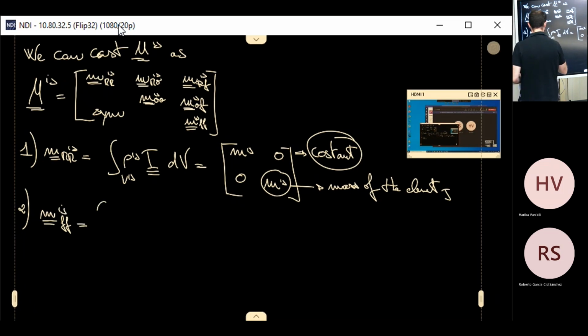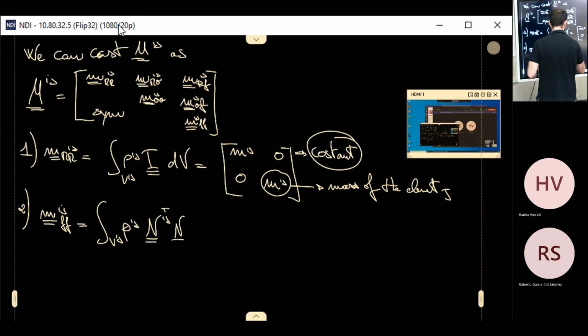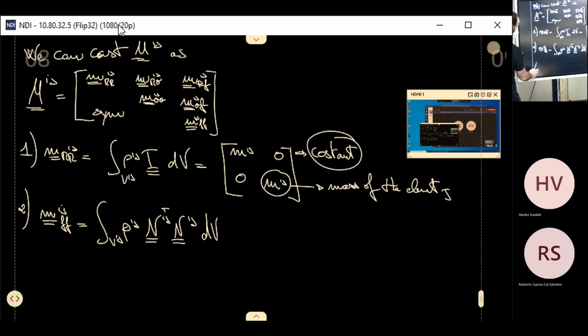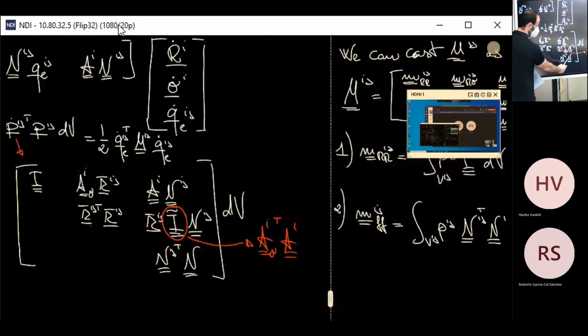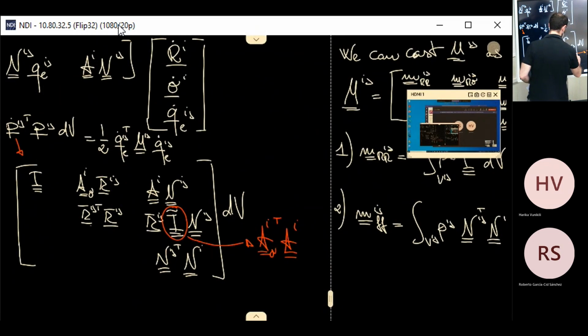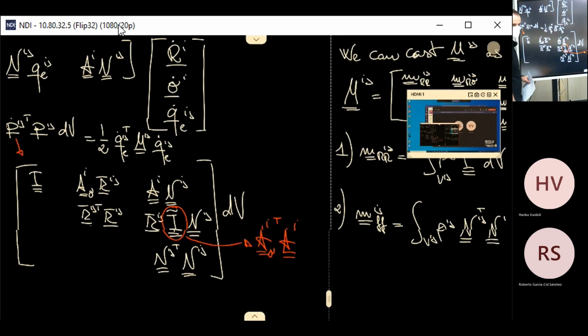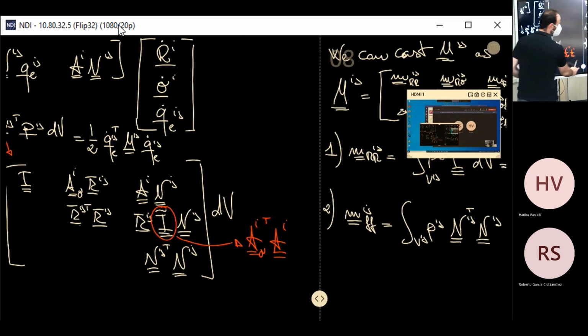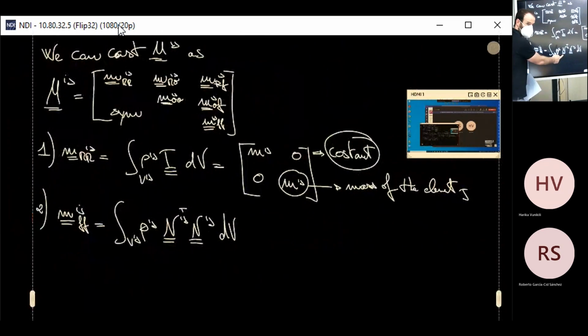This, from the previous matrix, results to be rho, the integral of rho, times n ij applied over n ij. No? If you look at previous, it's this one. Oh, here I lost an ij. But we know everything of this n. We already estimated it, no? For the 2D case.